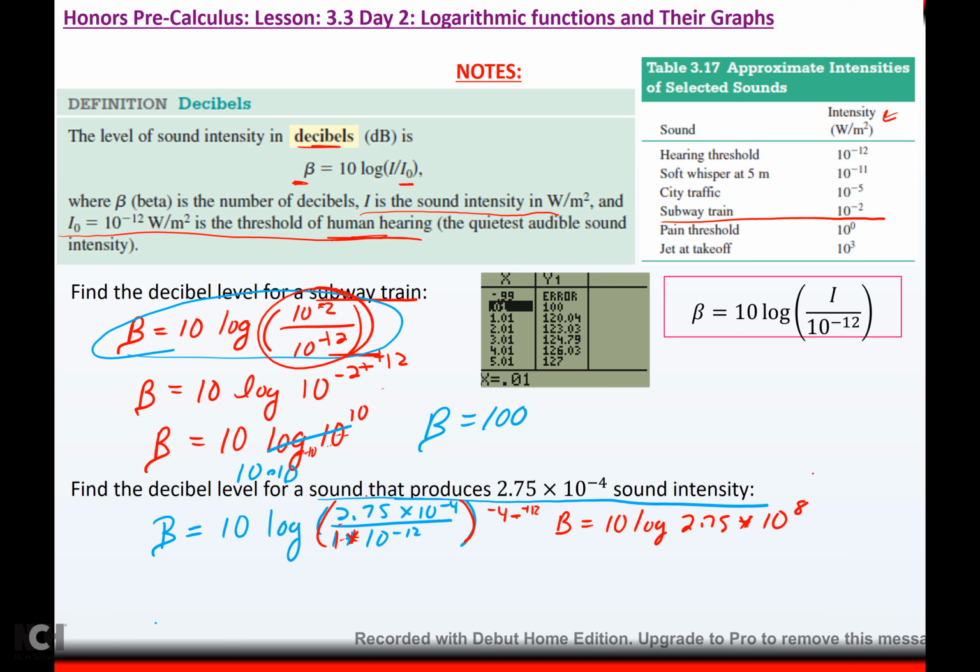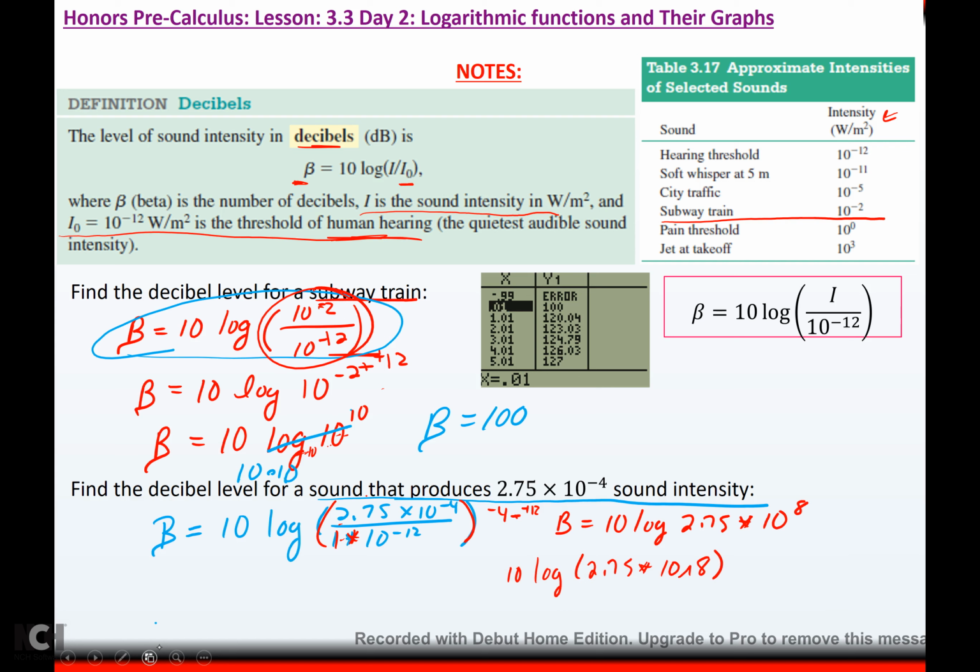If the 2.75 wasn't there, then the 10s would cancel and I'd get 8. But it's there, so you have to type it in a calculator. You literally type 10, then hit the log key, and it opens parentheses. So you type 2.75 times 10 caret 8, close your parentheses, and hit enter.